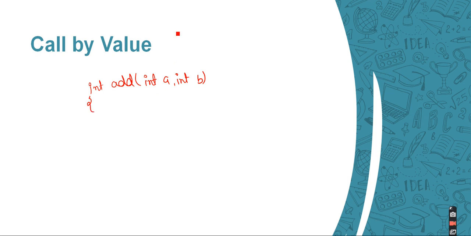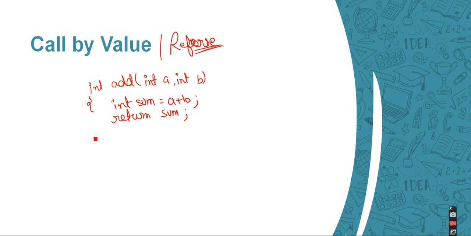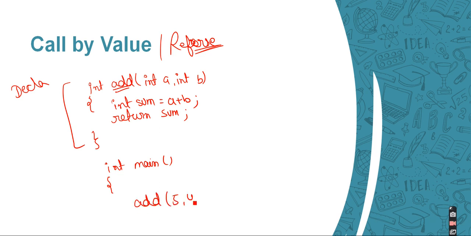I am going to explain call by value and reference in the same slide. So here I am going to return sum, and what is sum? int sum is equal to a plus b. Okay, so this is our function declaration, right? Now inside my main function, I am going to call this function. So I just write add(5, 4).